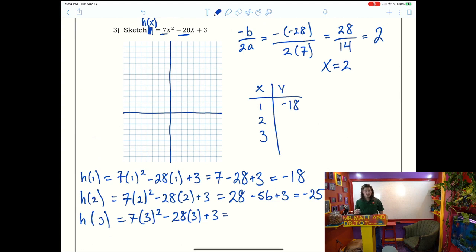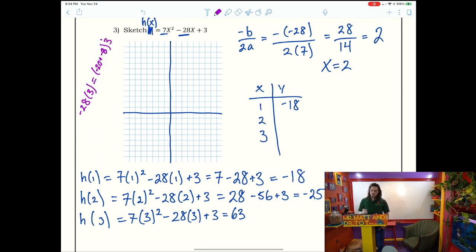3 squared is 9. 9 times 7 is 63. Now negative 28 times 3. A little mental math trick here. Instead of negative 28 times 3, I'm going to think about this as negative 20 plus negative 8 times 3.